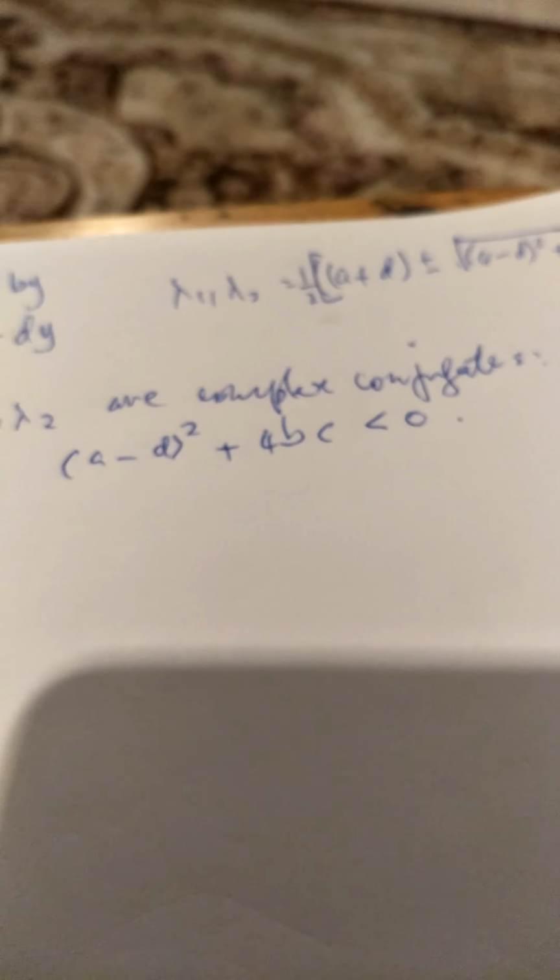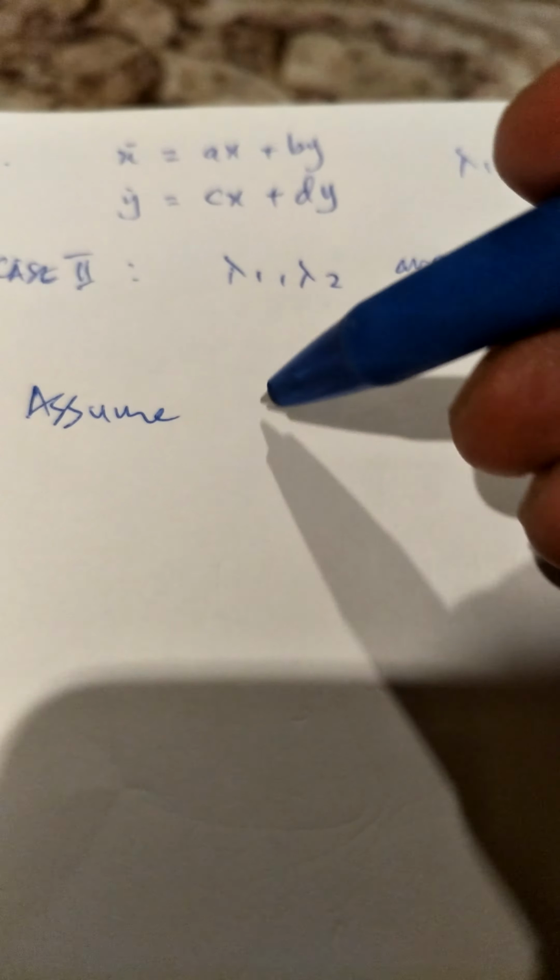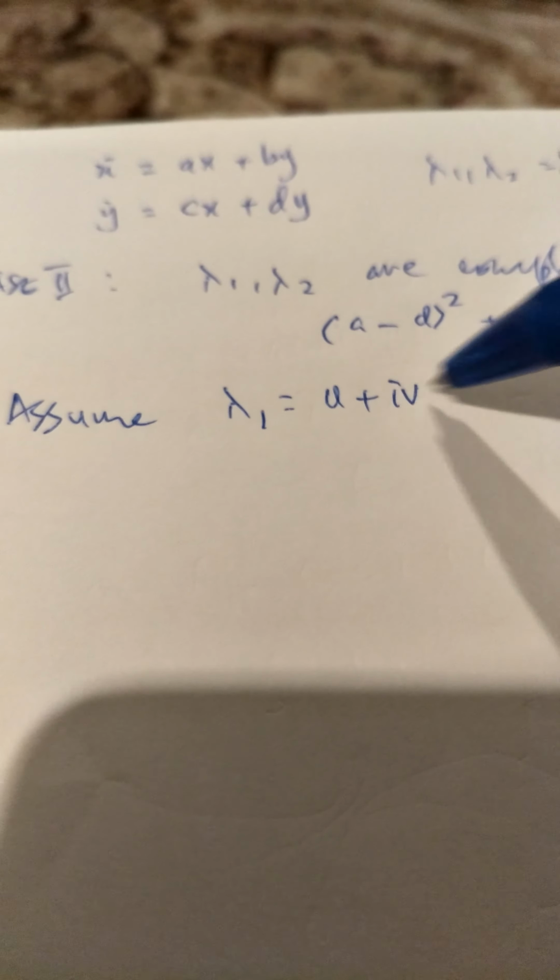We may assume that lambda 1 is of the form u plus iv and lambda 2 is u minus iv, where u and v are real constants.